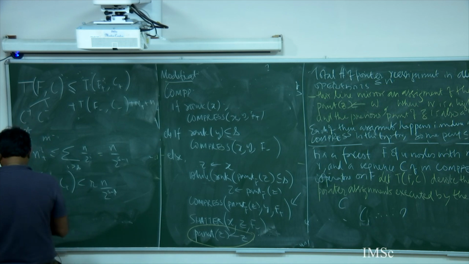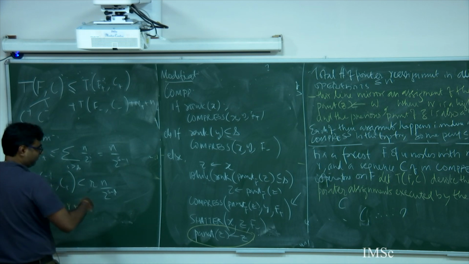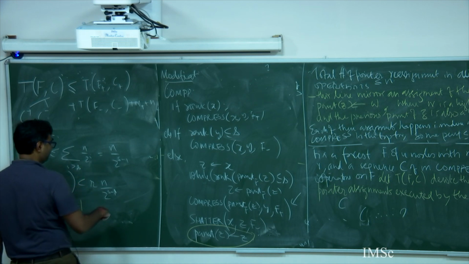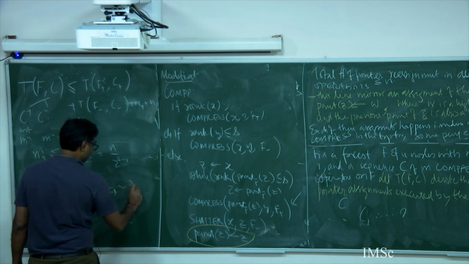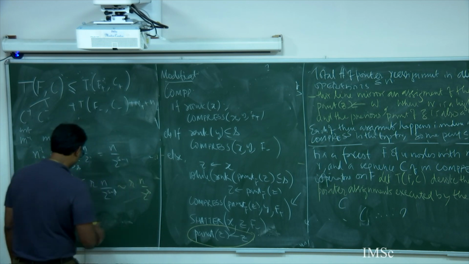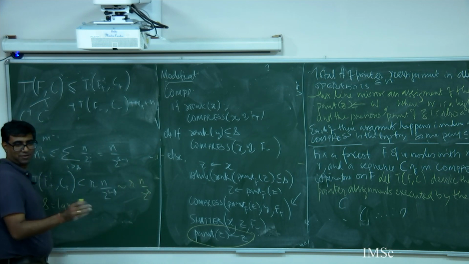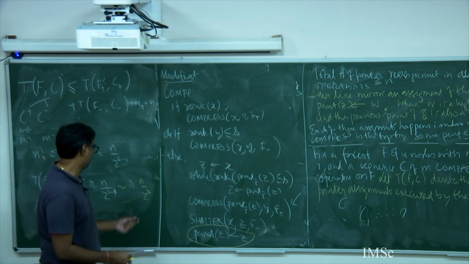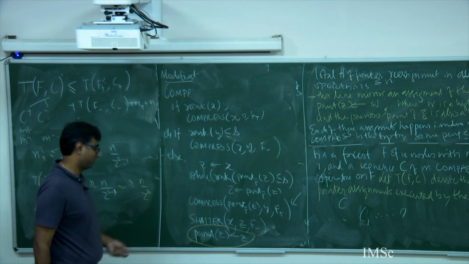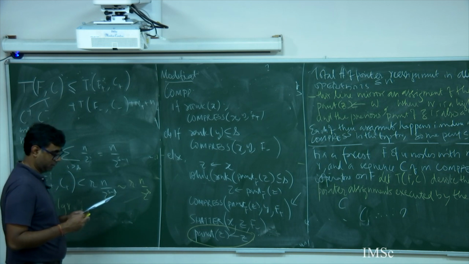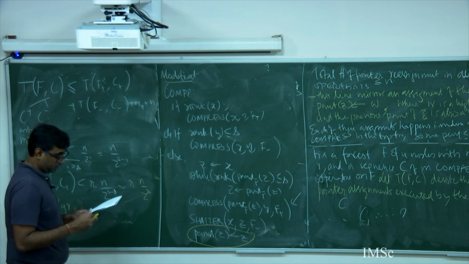So if I substitute S equal to log R plus 1, and just to make our maths simple, let's say this is R times n over 2 power S. Otherwise you have to just carry around plus 1. So suppose this is 2 power S, so that I can choose S equal to log R. Then what do we have?